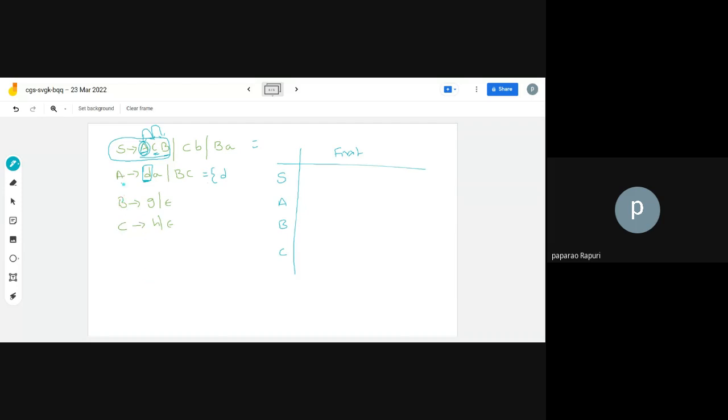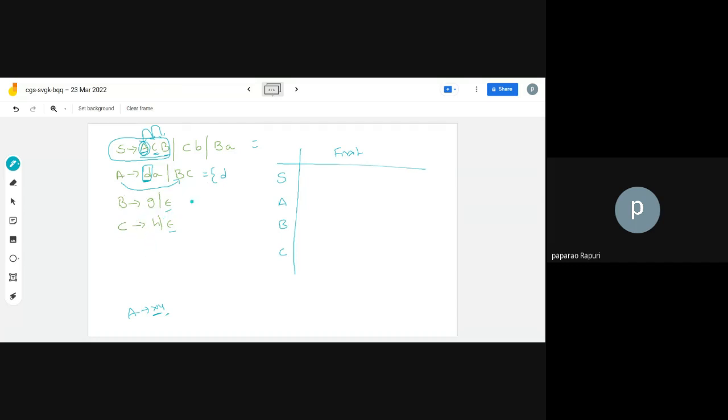And coming to this production, what do we have to do? It is in the format of A derives XY. X is producing epsilon and Y is also producing epsilon. So for that purpose, what we have to add? The terminals without epsilon.